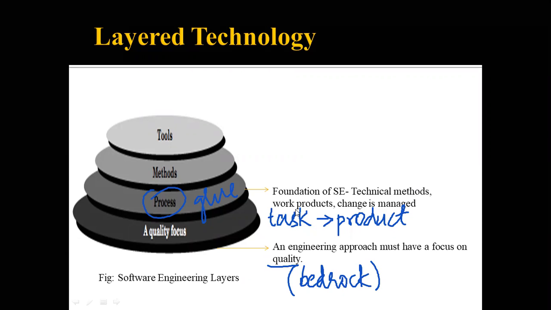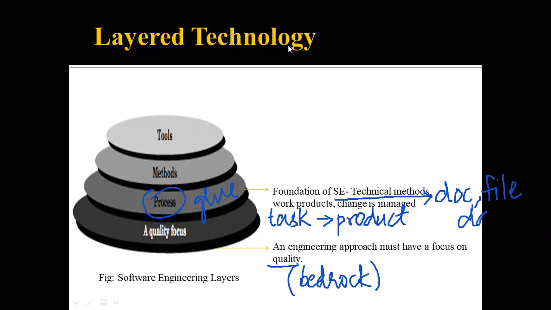Then you also have the work products. A work product can be a document, a file, or the type of data you're using. Then change management: if you want a change within a specific feature, how are you going to embed that? That is going to happen within the process phase.